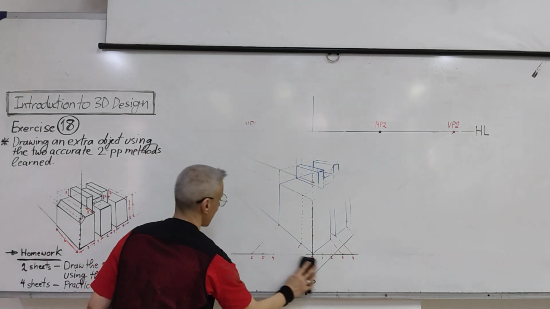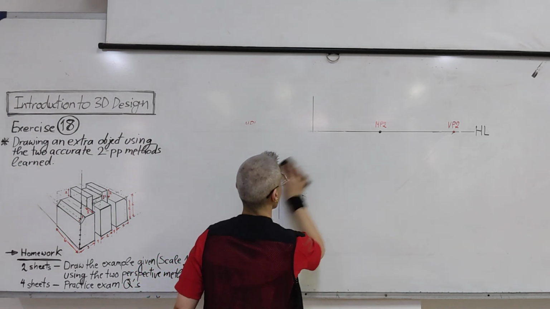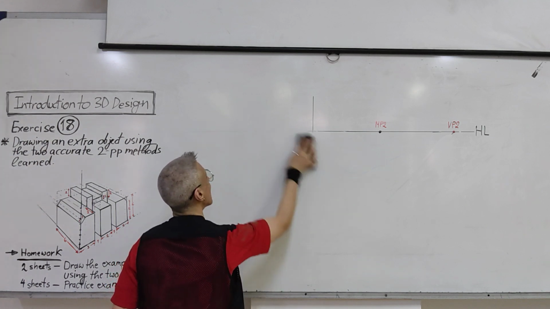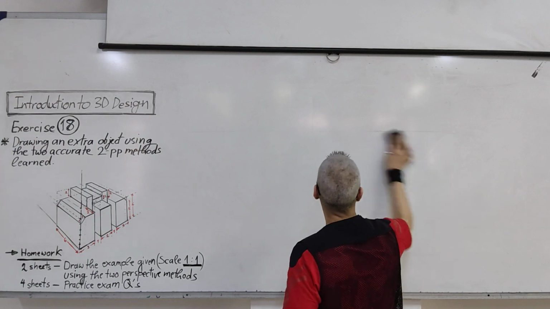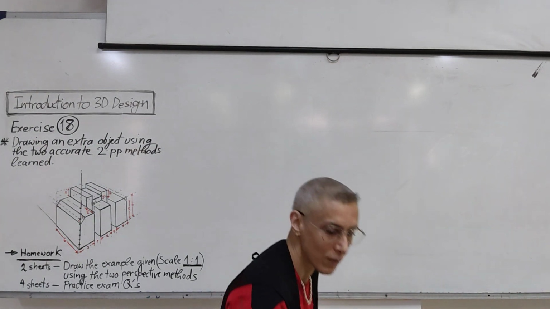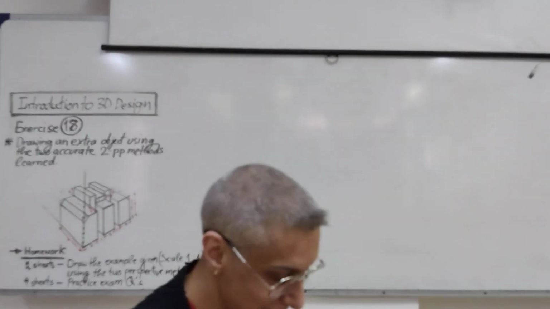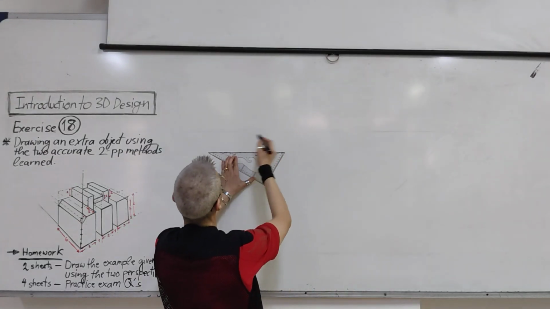Actually, we have to delete everything. So what did we do with the second method? The first thing we draw is the what? Picture plane line. Picture plane line, okay?